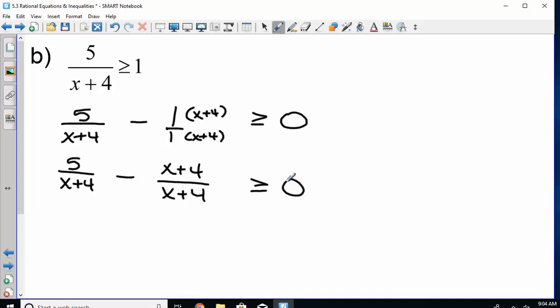What should I do with my minus? Distribute. Okay, so now we can put these together. 5 minus 4 is 1 minus x over x plus 4 greater than or equal to 0.